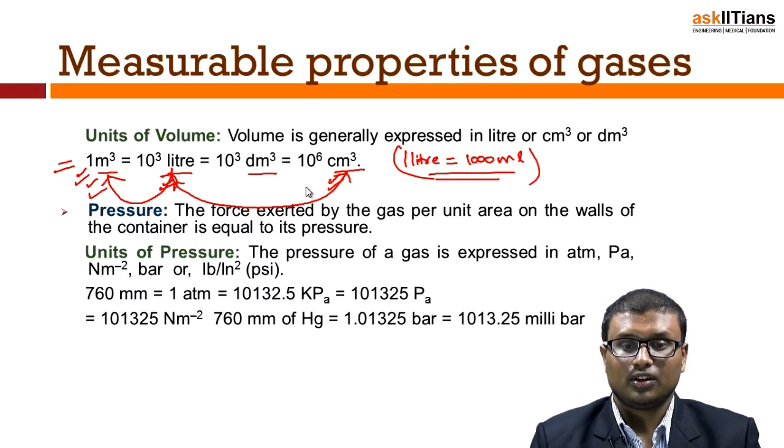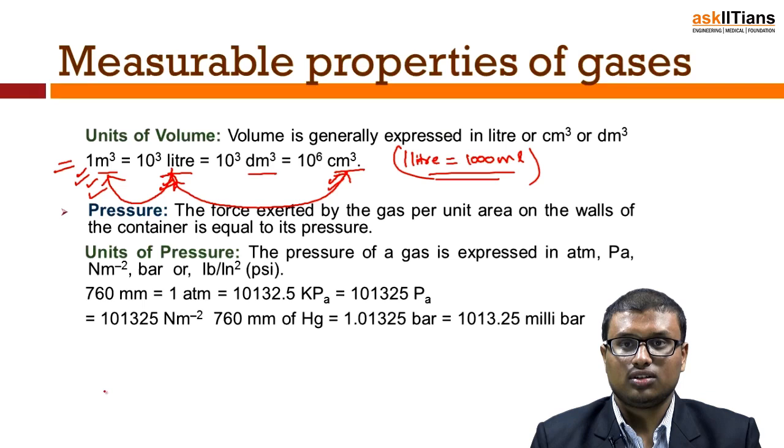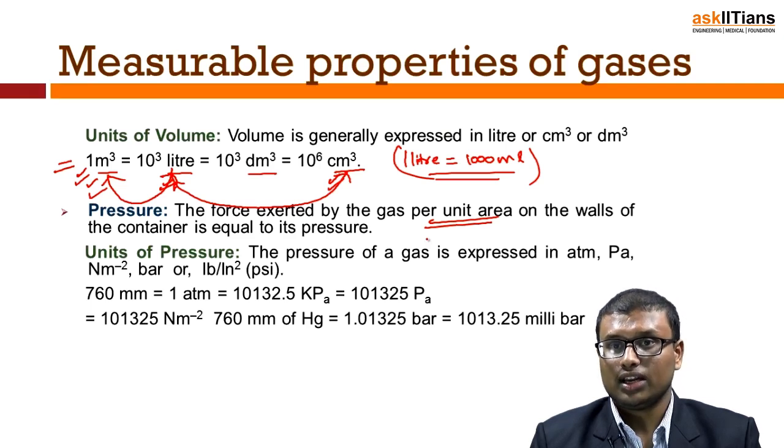Next, pressure. Pressure is also one of the important properties of gas. Pressure is the force exerted by the gas per unit area, so pressure depends not only on force but also on area. For example, consider this piston with gas molecules.